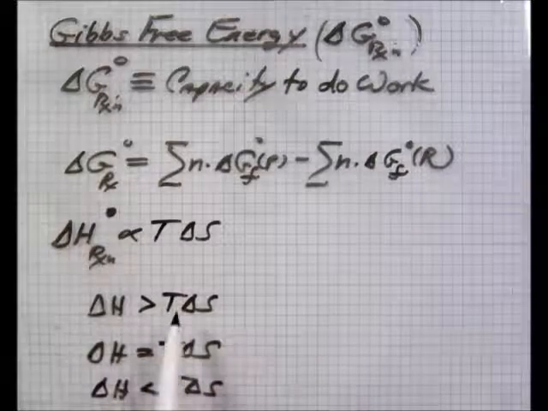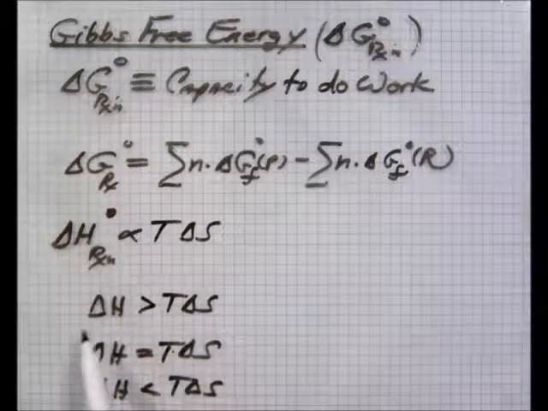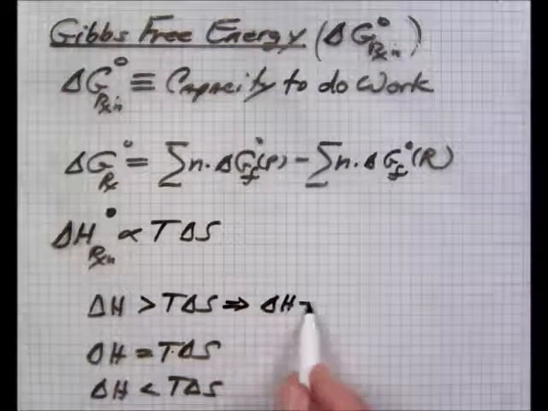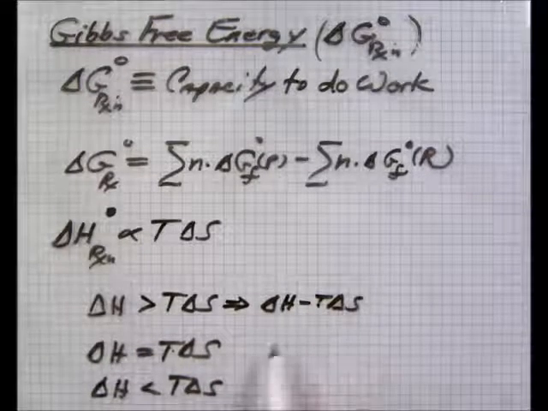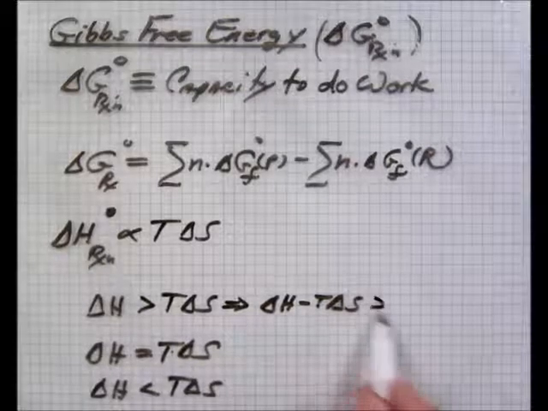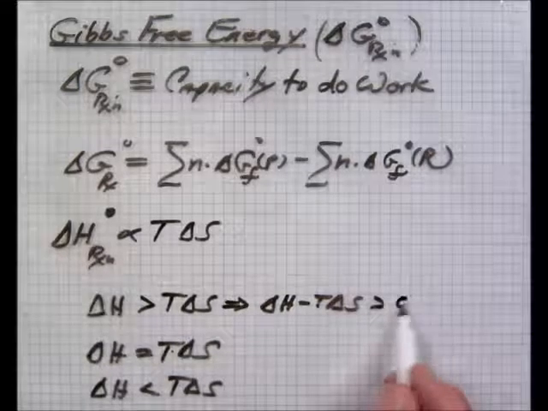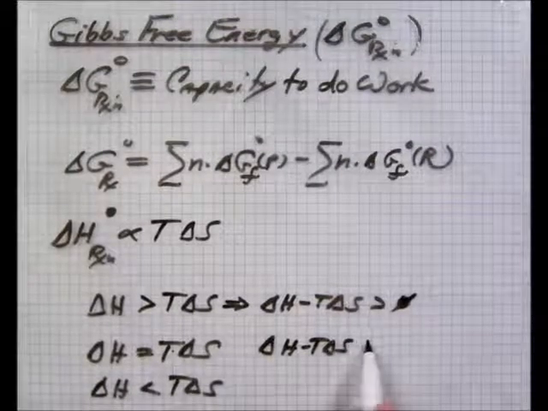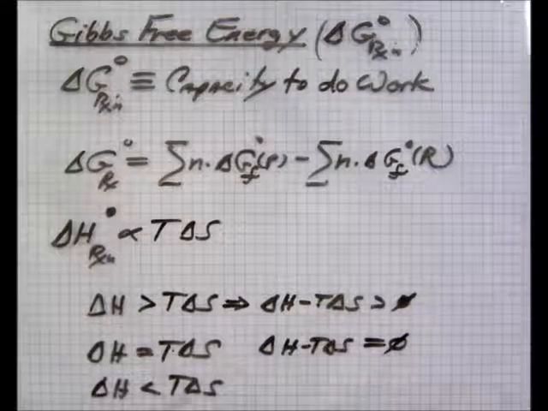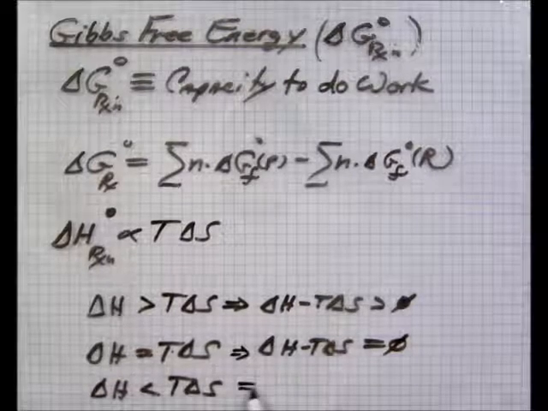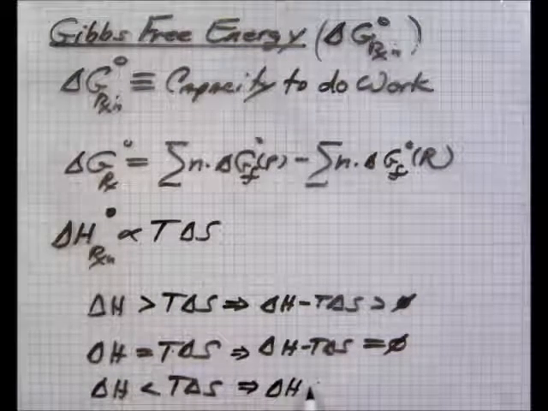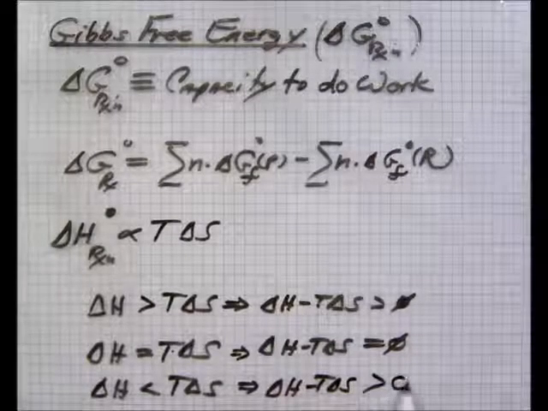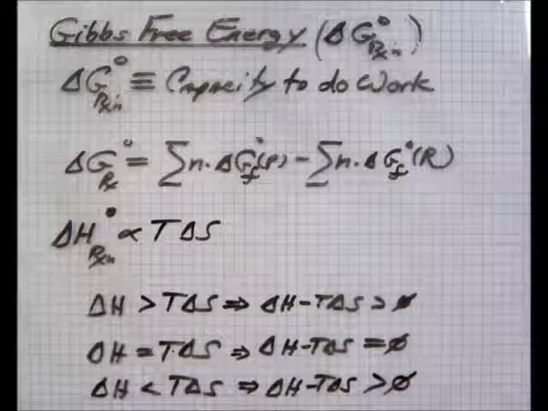Now, you can subtract T delta S from both sides of everything in here, and what you'll get is a delta H minus T delta S greater than 0. Then you'll have a delta H minus T delta S equal to 0. And this last one, you'll have a delta H minus T delta S less than 0.